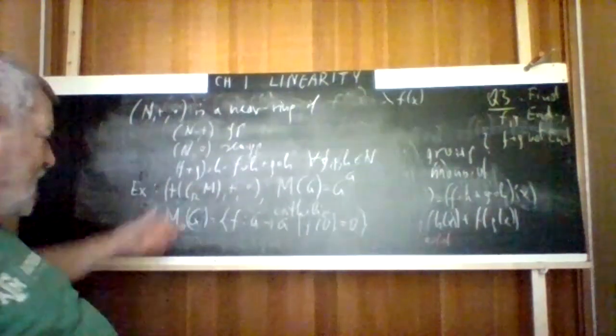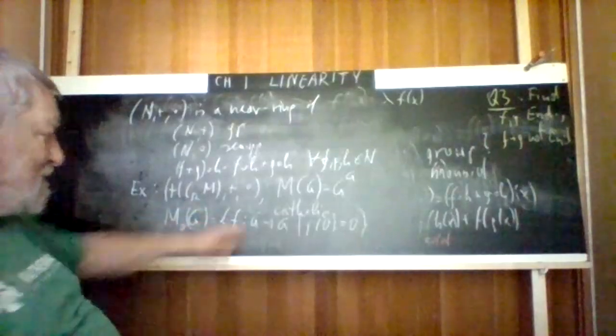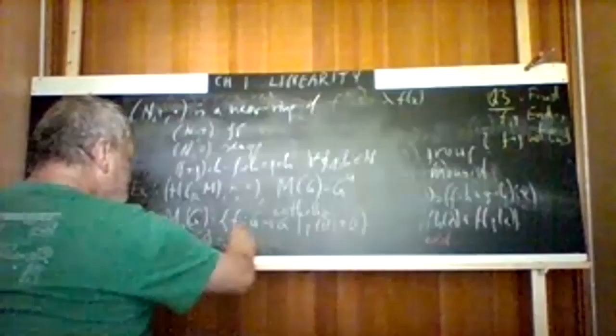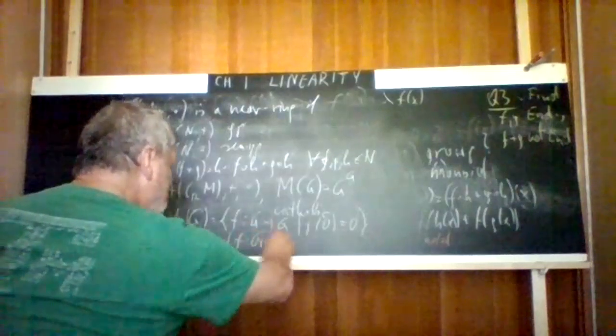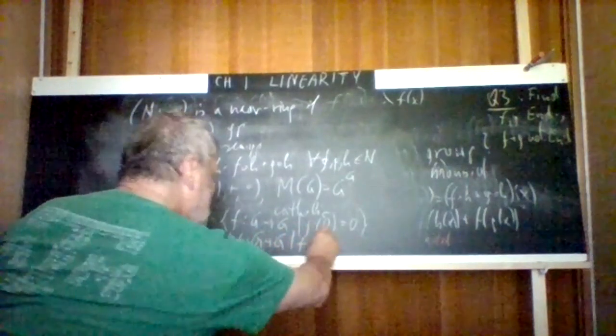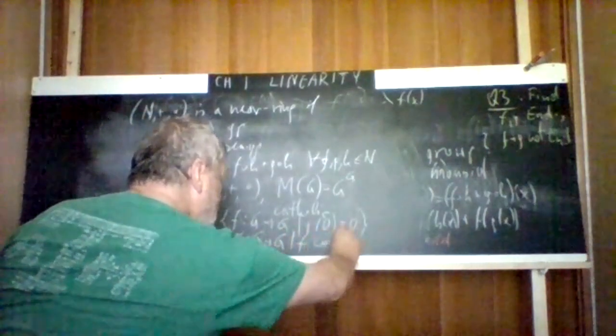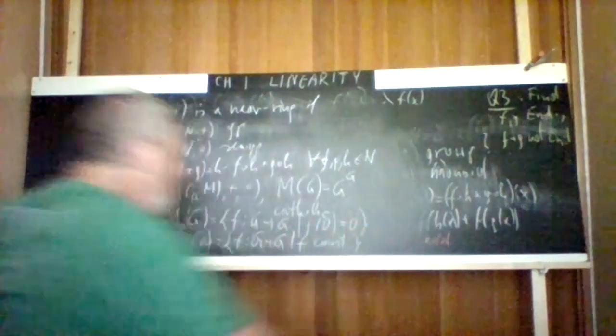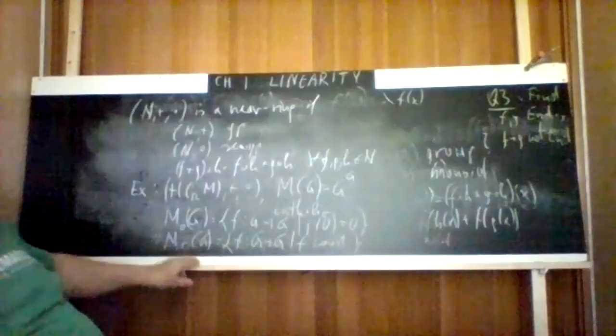In some way, the opposite of these maps is M_C of G, the set of all functions f from G to G such that f is constant. So we have all constant maps.